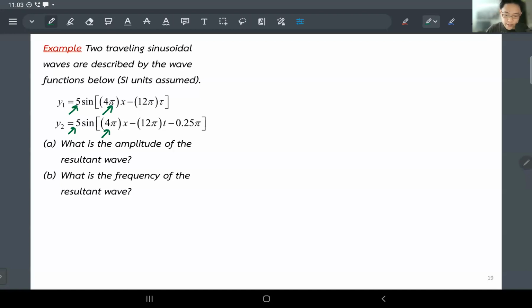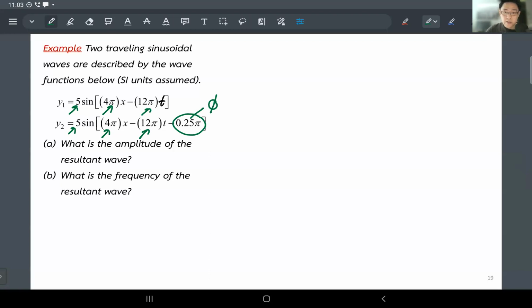Oh, this is supposed to be t, guys, not tau. Sorry, you probably got confused. Is there anything extra? No, nothing extra here. Same omega. So the only thing that is different is this one right here. That is our phi, which is the phase difference between these two waves.